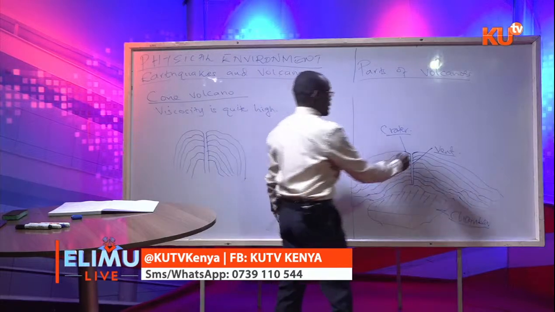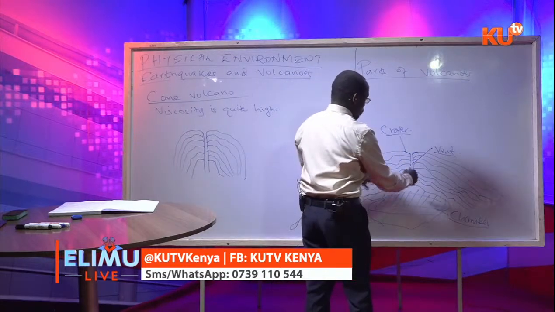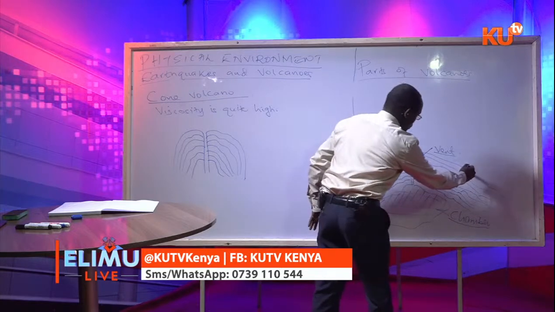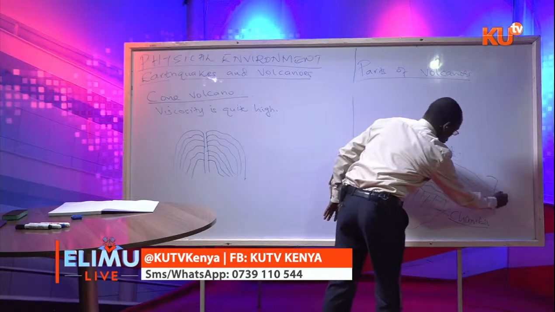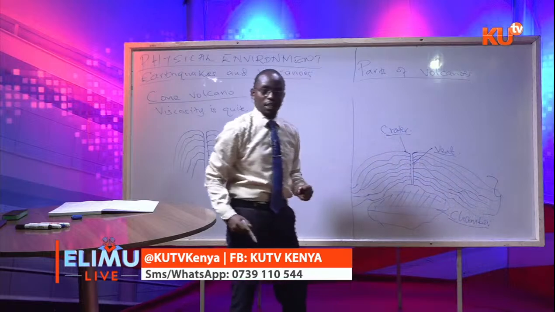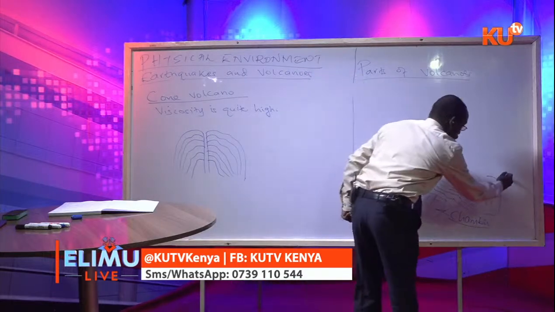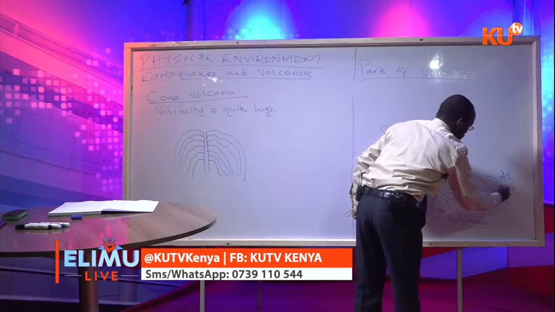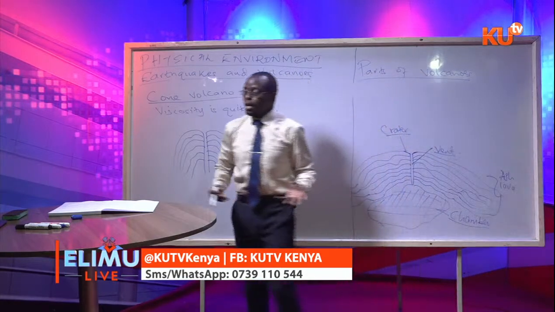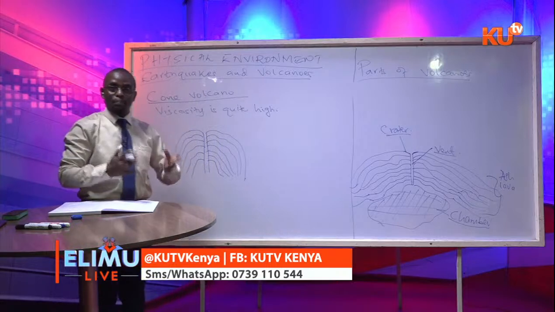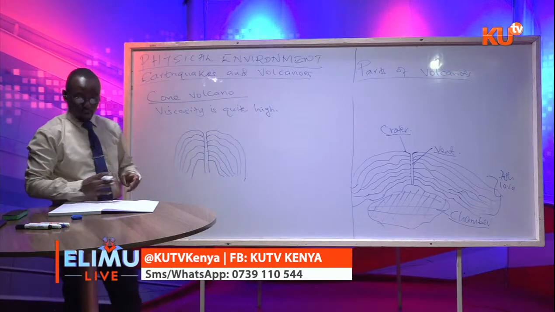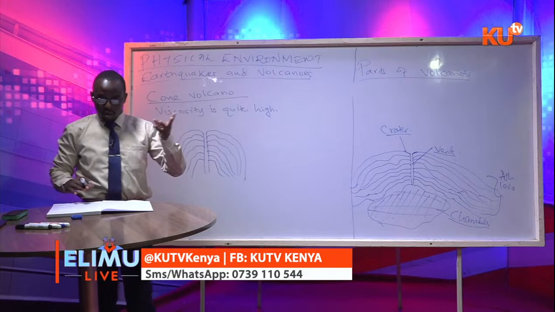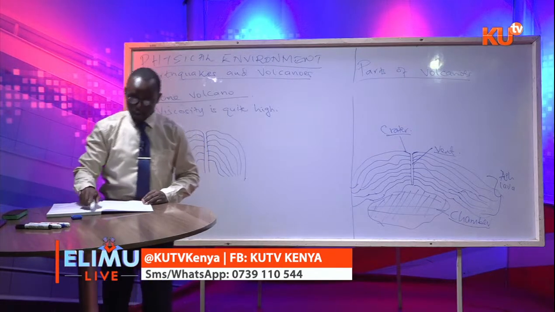And therefore, when we see this one now, the material that is here, I have said it may be composed of ash, lava, and then of course the gases that may have already escaped into the atmosphere, such as carbon dioxide and of course sulfur dioxide.